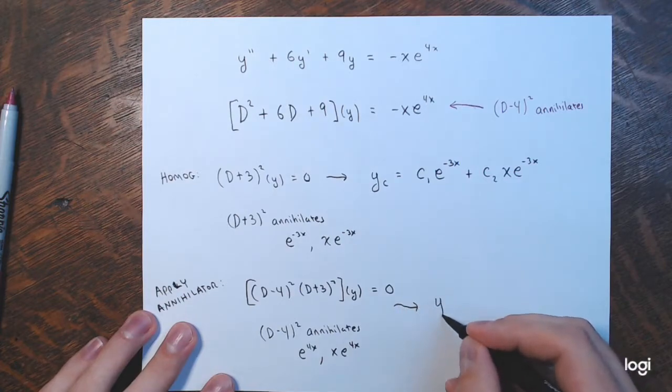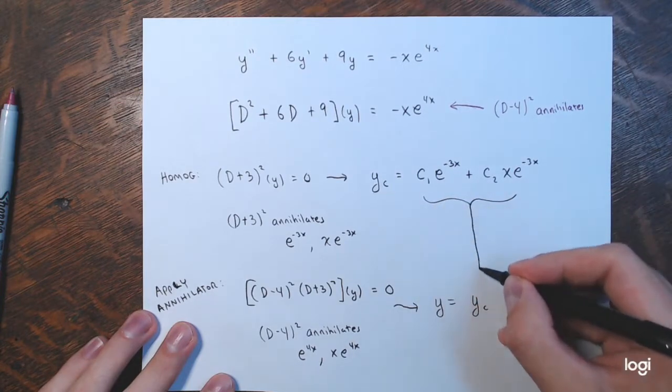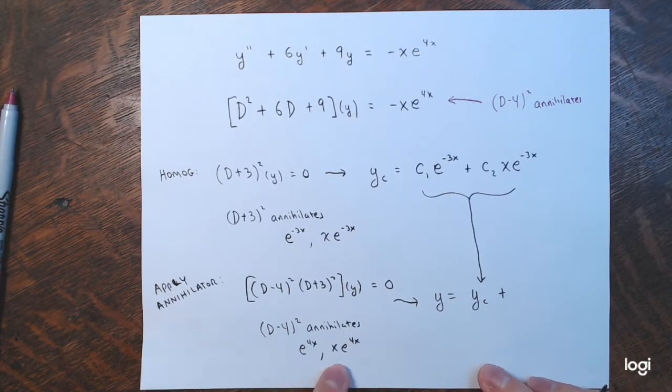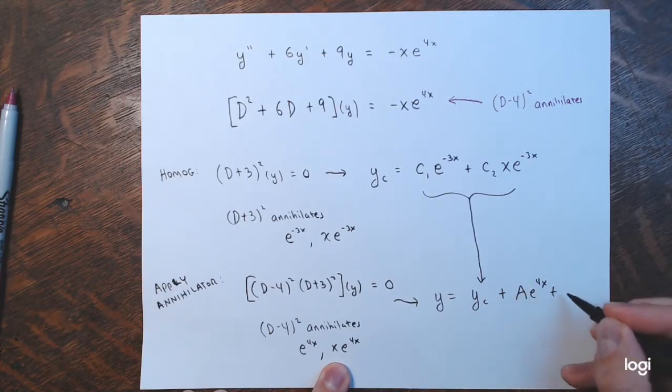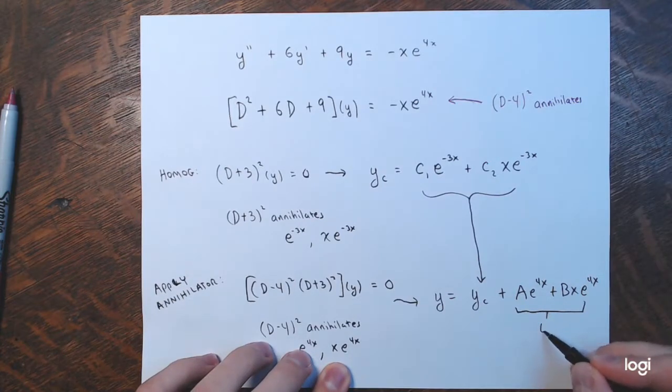From here we get y equals yc, these guys, plus some linear combination of e to the 4x and x times e to the 4x. So I'll call it a times e to the 4x plus b times x times e to the 4x. And this is the form of yp.